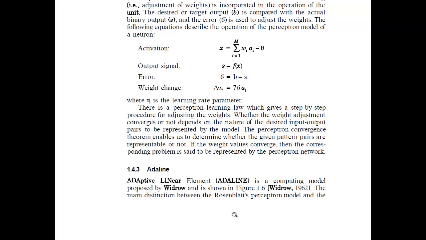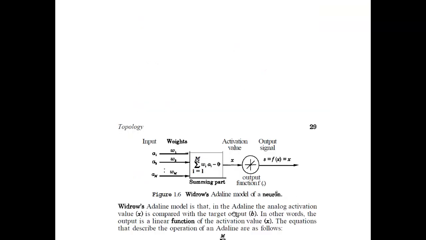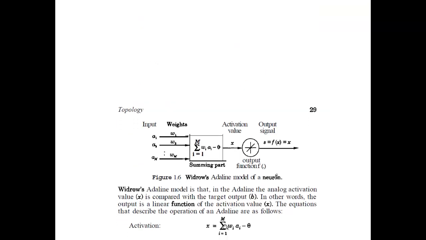Now the main distinction between the Perceptron model and the Adaline model is that in the Adaline the analog activation function is compared with a target output b. In other words, the output is a linear function of the activation value. The equations that describe the operation of Adaline are as follows. So it is very much clear that here the difference comes in the activation value.